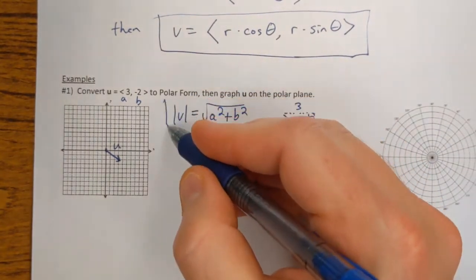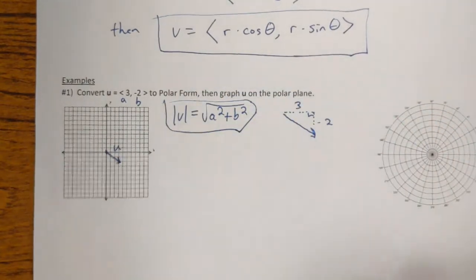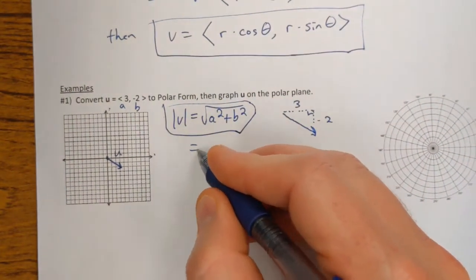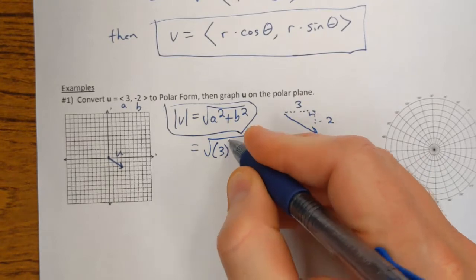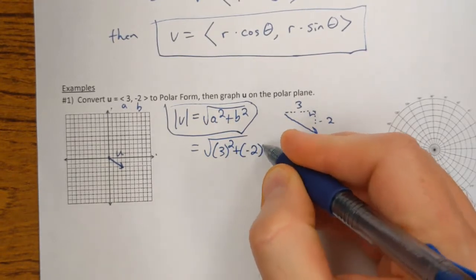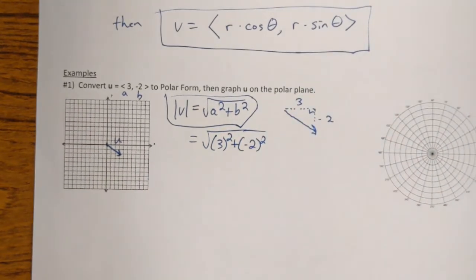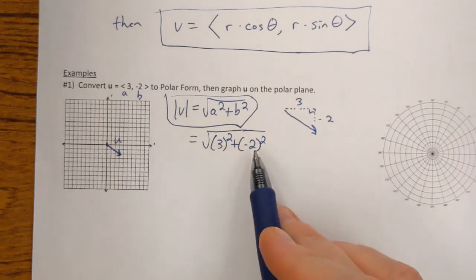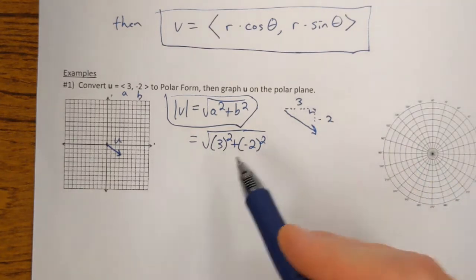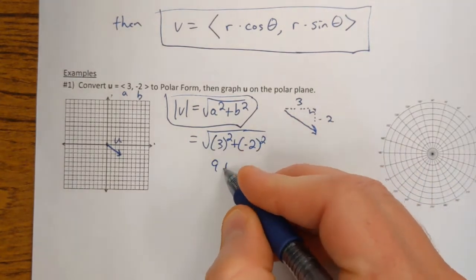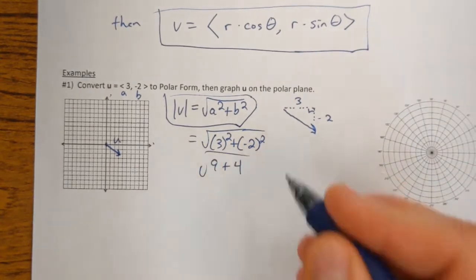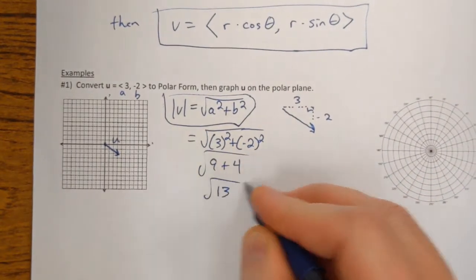And guess what this formula does? This formula just does the Pythagorean theorem. To find this, we take the square root of 3 squared plus -2 squared. This is really just a squared plus b squared equals c squared. All right, Pythagorean theorem, take 3 squared plus -2 squared and square root your answer.